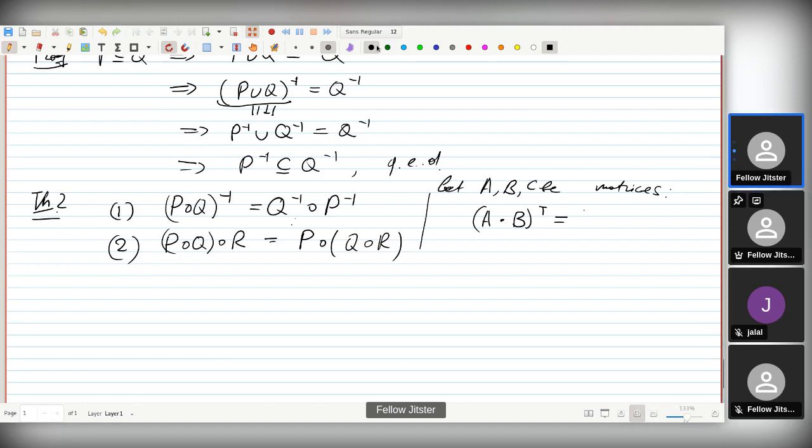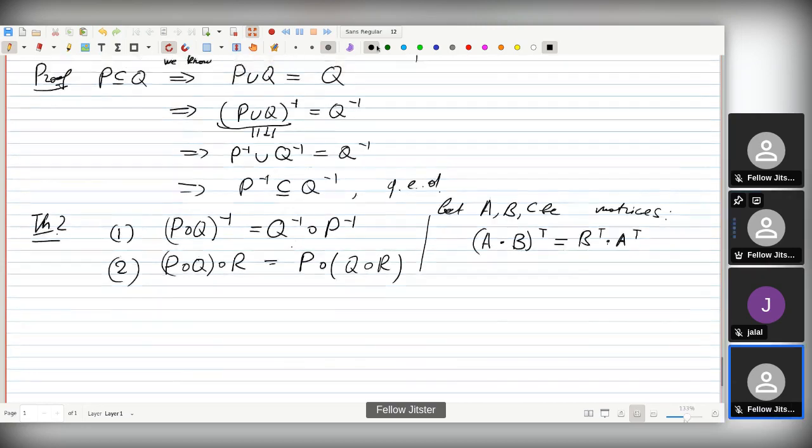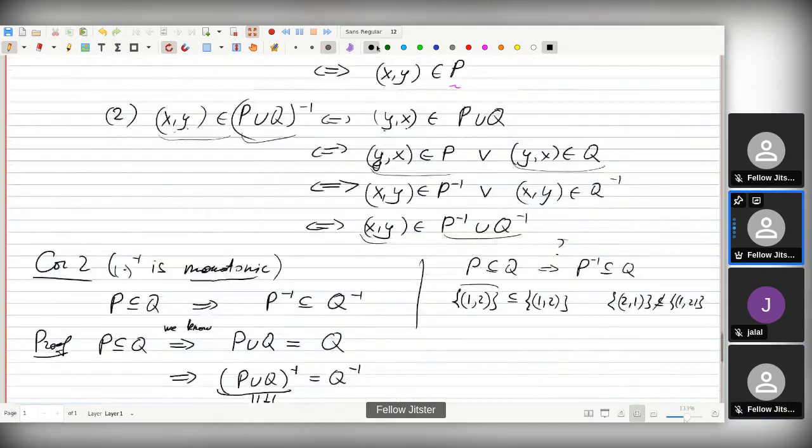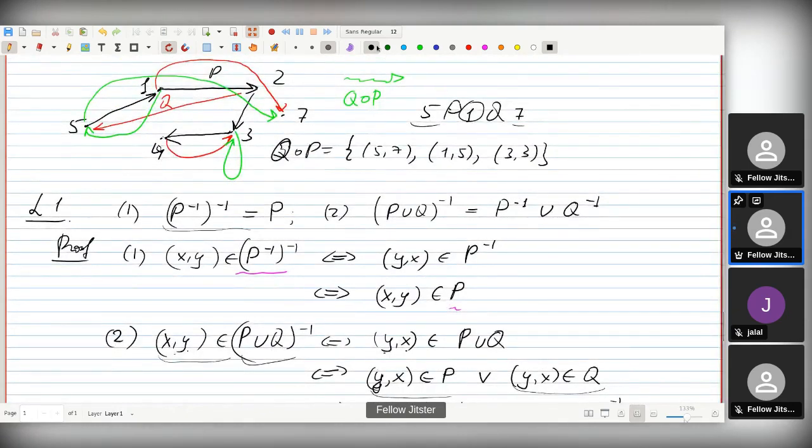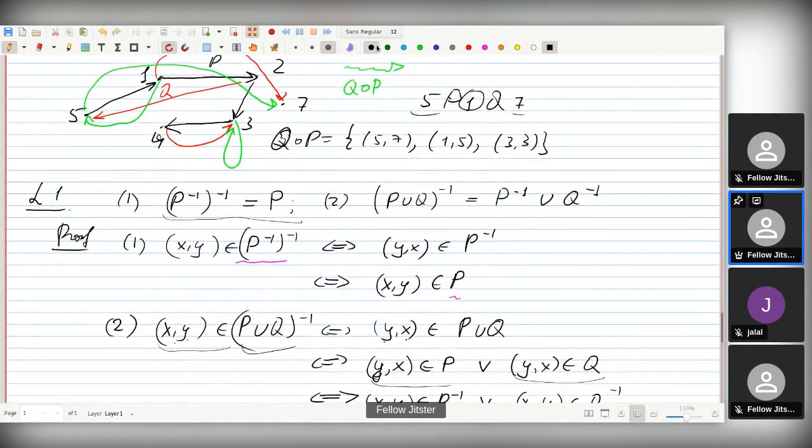B transpose times A transpose. Look, this is very similar, isn't it? Yes. And after all, what is the double transpose? What if we take a transpose of the transpose?